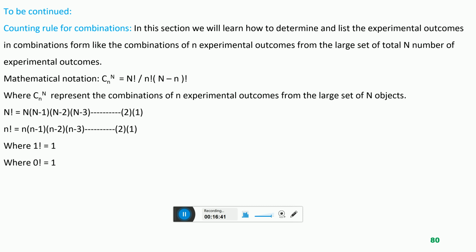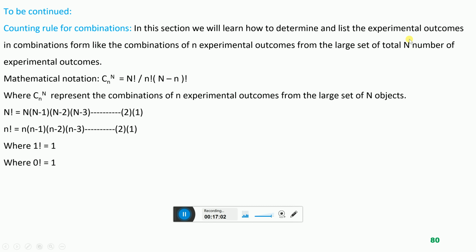And we will use for the large group of items the symbol capital N, and we will use for the group of items that we choose as a combination small n.